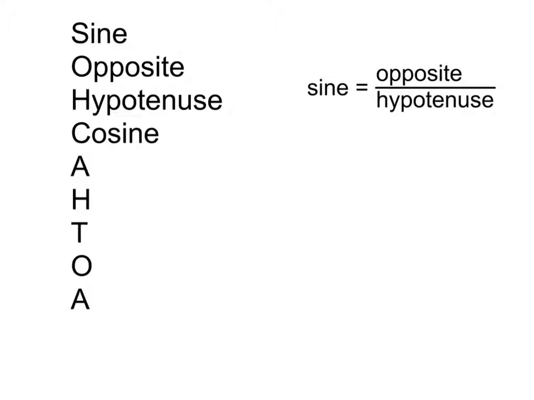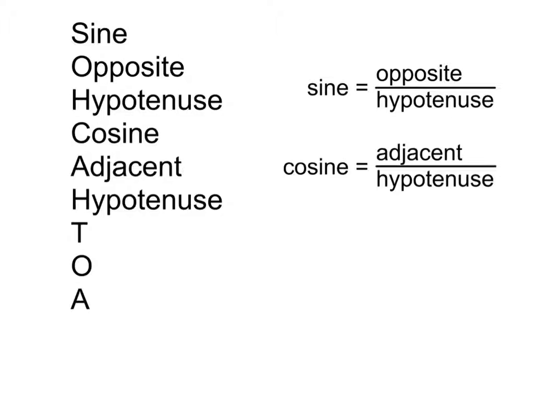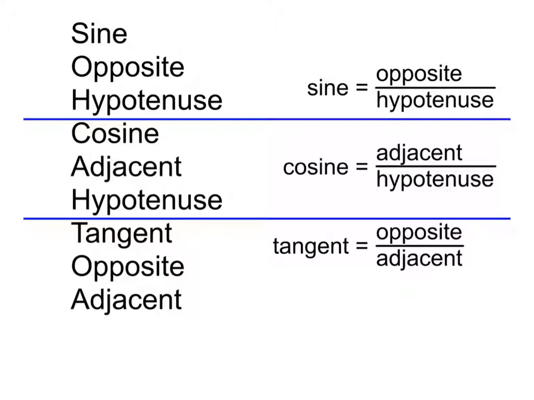Gotta be cosine. And AH, well, our definition of cosine is that it equals adjacent over hypotenuse. And then TOA, T, of course, would stand for tangent. And we can use that to remember that tangent equals the opposite over the adjacent. And SOHCAHTOA then can be a way that will help you to remember those definitions.